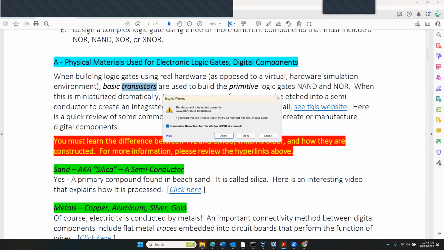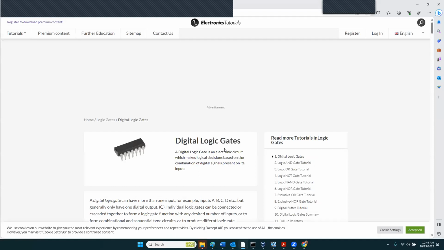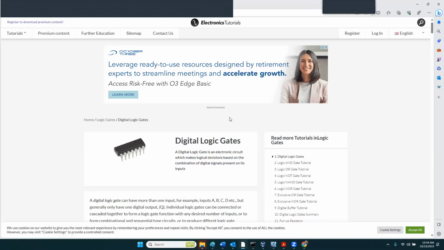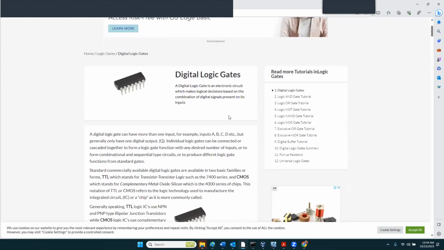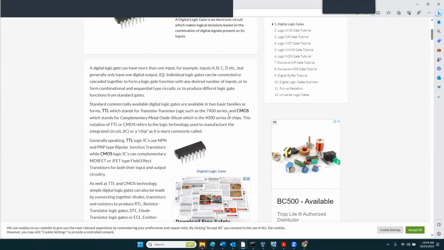So this website is actually a really good resource. It talks about digital logic gates here. It also retraces the history of transistor creation and design, and how the older chips were built with something called TTL, right?